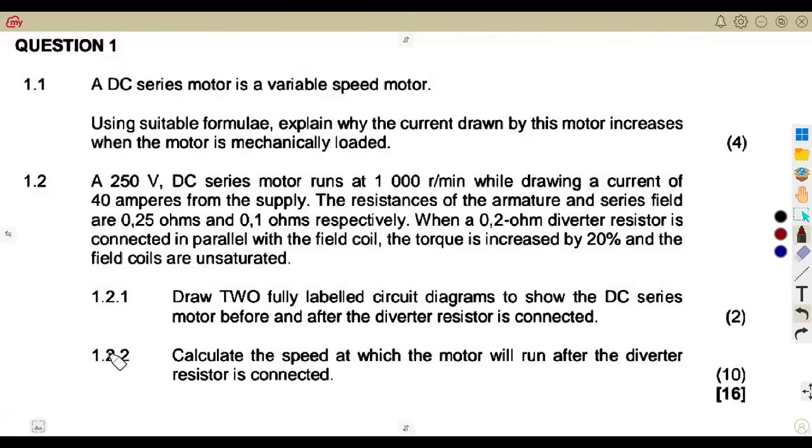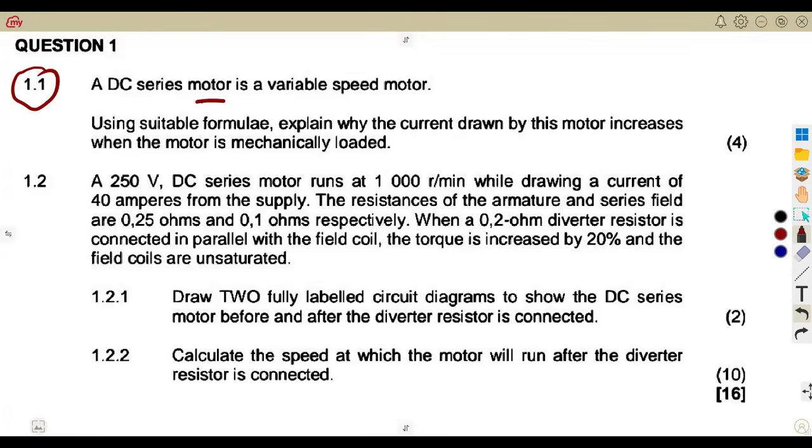So as we are to consider our DC machines, this is a typical exam that we are going to work with. On question number 1, you were given 1.1, first part. A DC series motor is a variable speed motor, which is true.